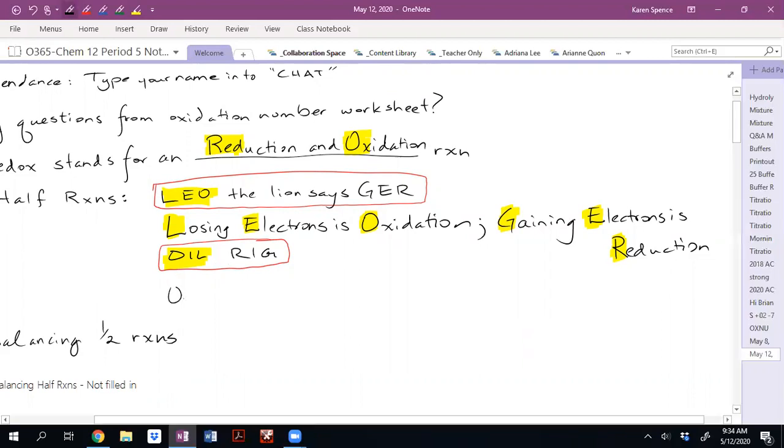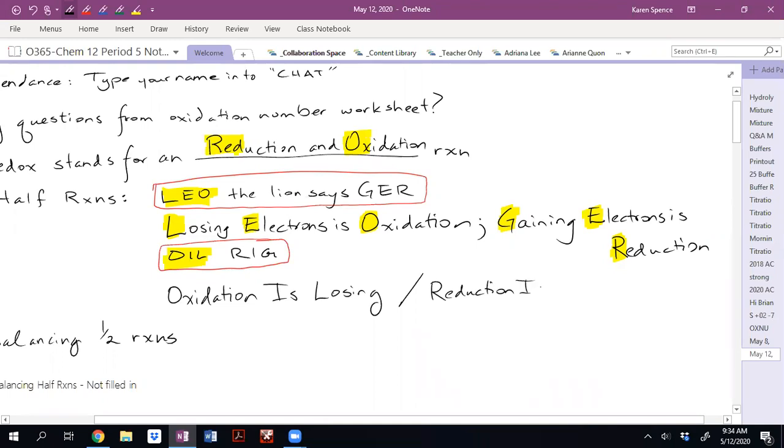OIL, oxidation. The O. I for is. L for losing. And then we have R for reduction in the rig, reduction.